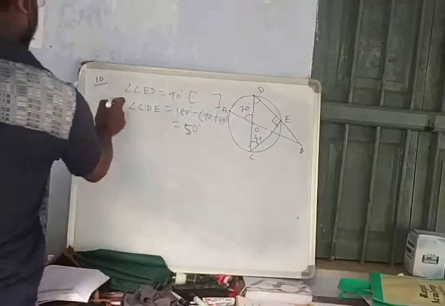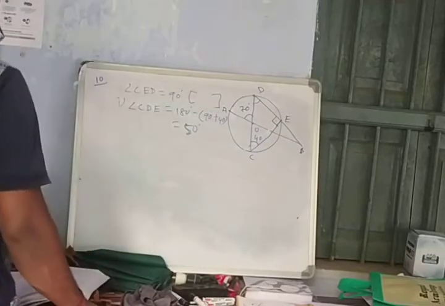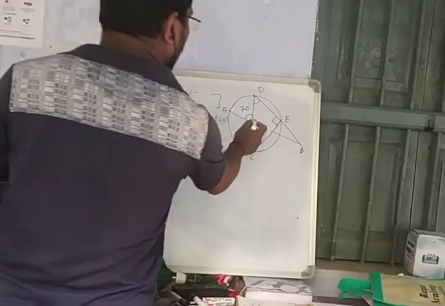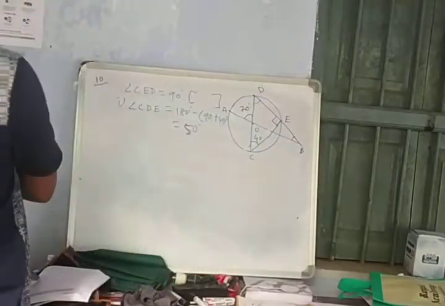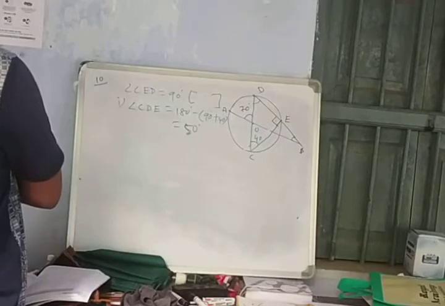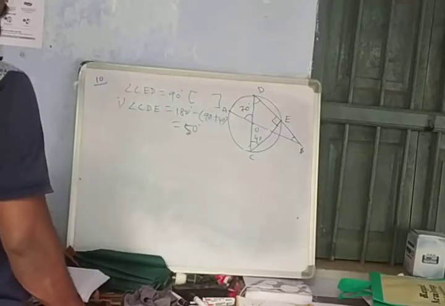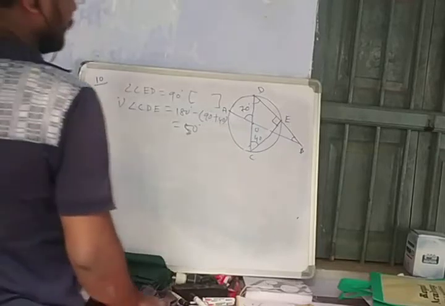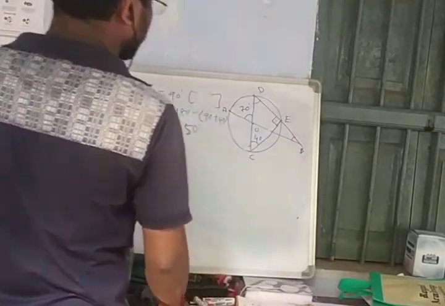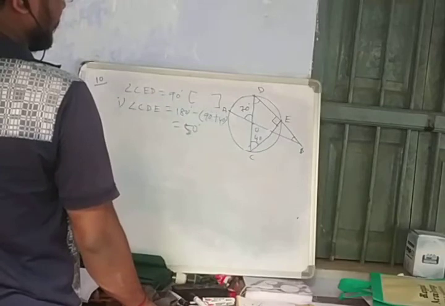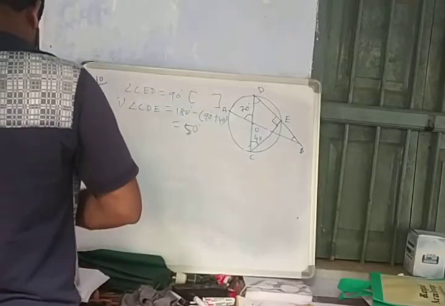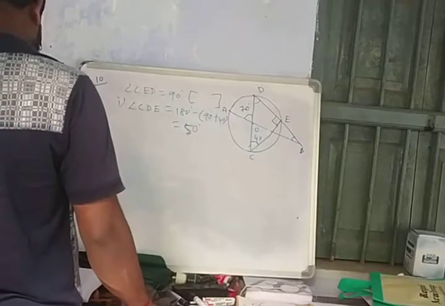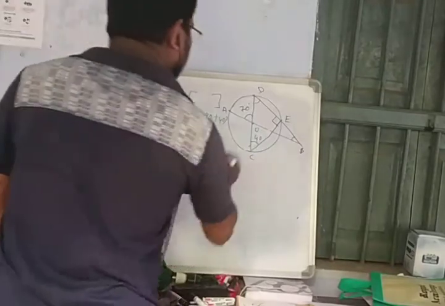This is the first one. Then in the second, you have to find OBE. OBE means this angle. No problem. This is 70 degrees.